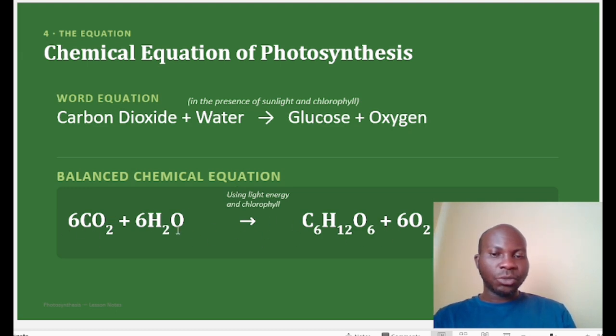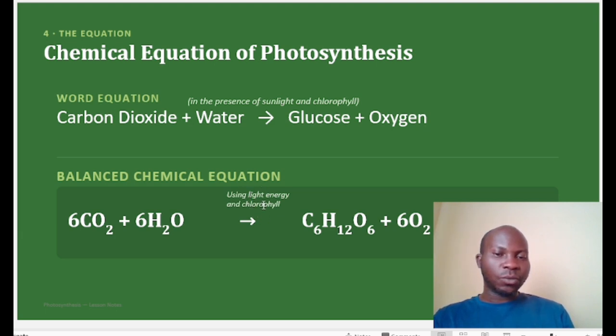When we say chemical equation, we are using symbols, elements or atoms. What enters are the substances carbon dioxide: 6 molecules of carbon dioxide plus 6 molecules of water, in the presence of sunlight from the sun and chlorophyll from the chloroplasts.